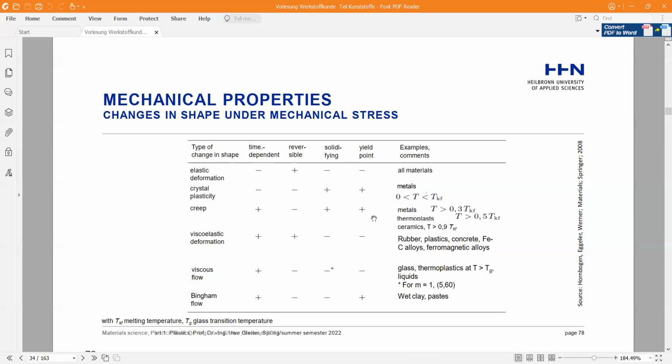These are all materials. In crystalline plasticity, there is a solidifying and yield point, but there is no time dependency or reversibility. So this is our metal. And here we have data for creep, viscoelastic deformation, viscous flow. Examples.